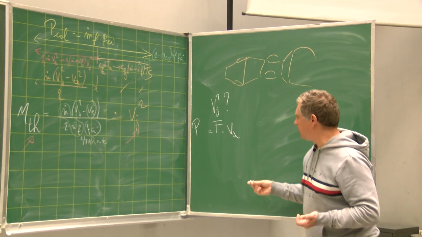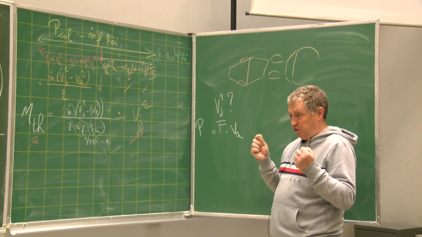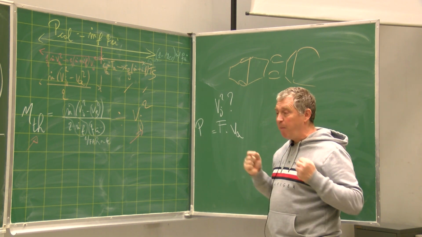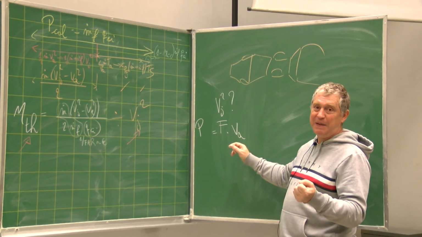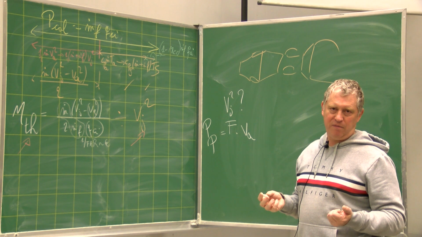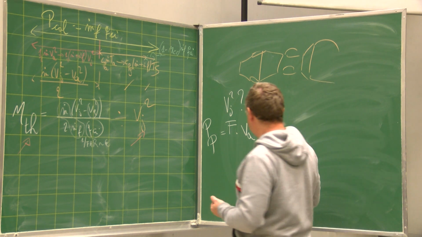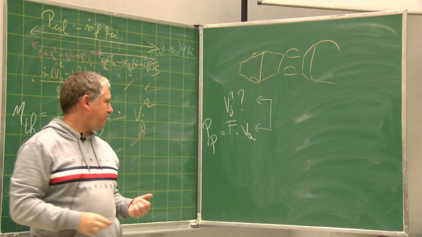At that moment, this is the propulsive force, because the thrust is what is pushing or pulling your engine and your aircraft, multiplied by the flight speed. So this is what we will call the propulsive power. And the question is, what is the difference between these two?